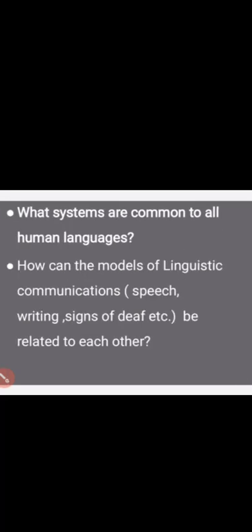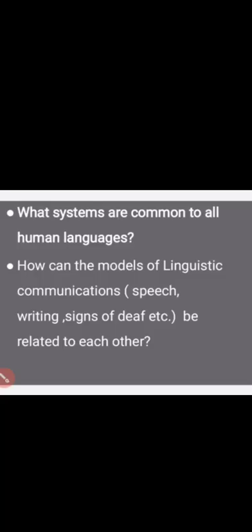In what way are they different from each other? And also, what systems are common to all human languages? Are there some common systems that are applicable to all human languages? Can we have that?